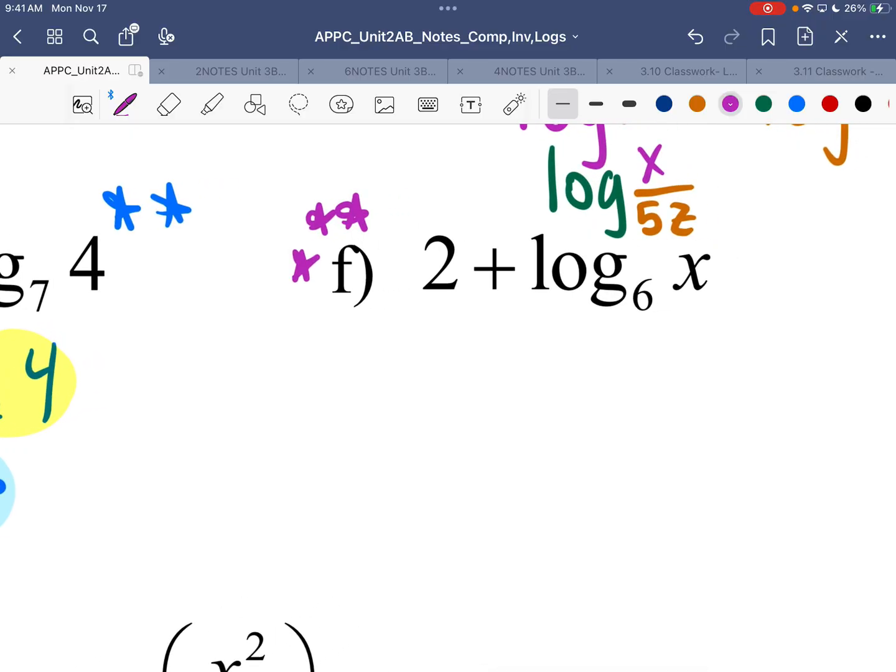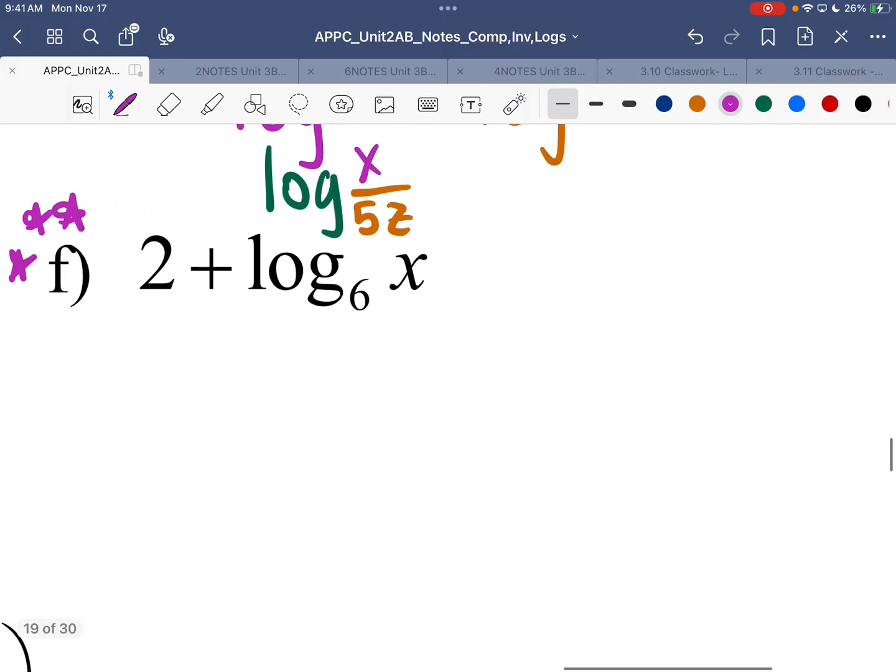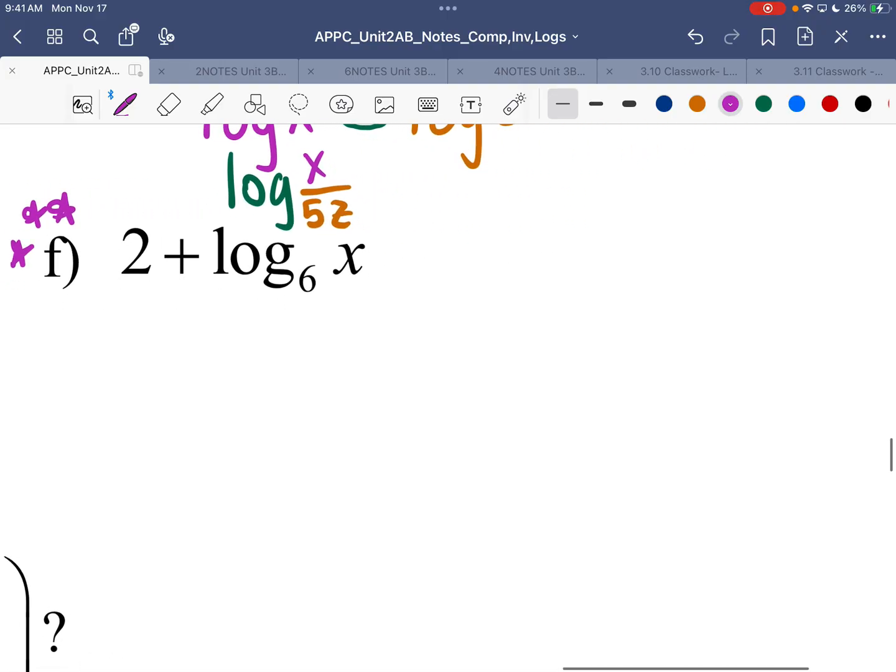So what property, we learned this the first section when we did logs, so 2.9. How do I cancel out a log? If I have an exponent or whatever, what log base what of what would equal 1? Yes, so if it was log base b of b, it equals 1.